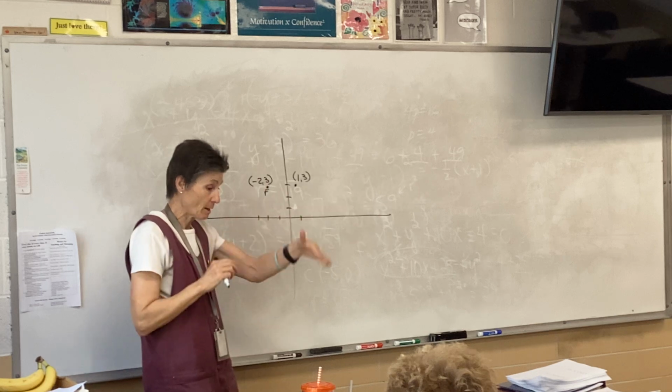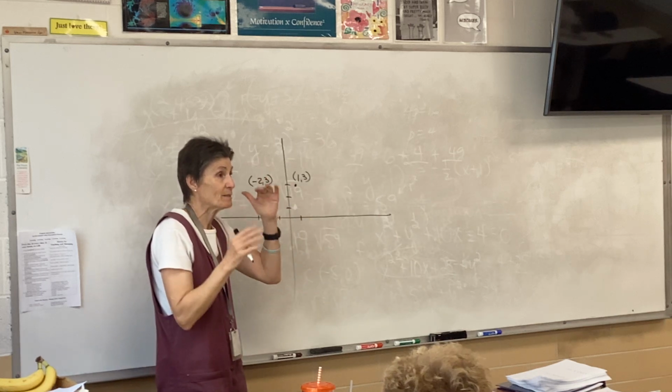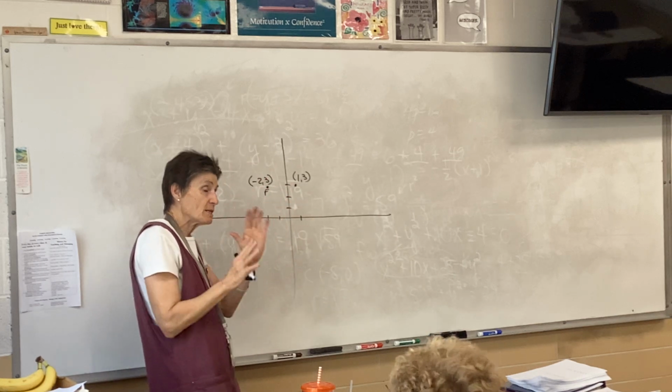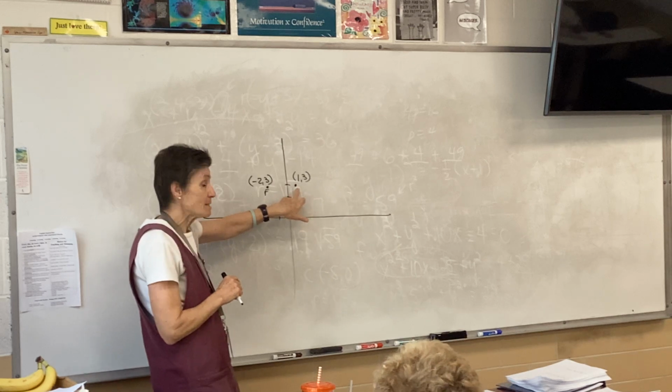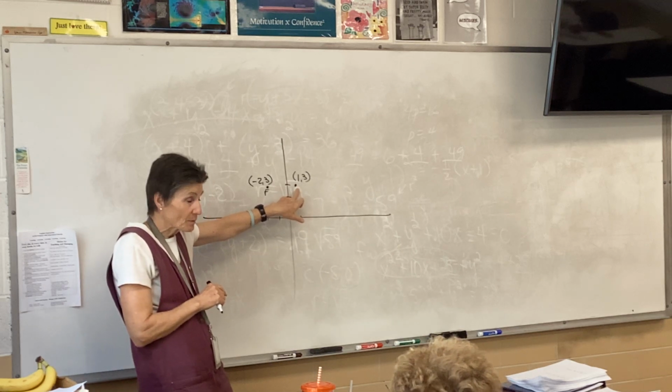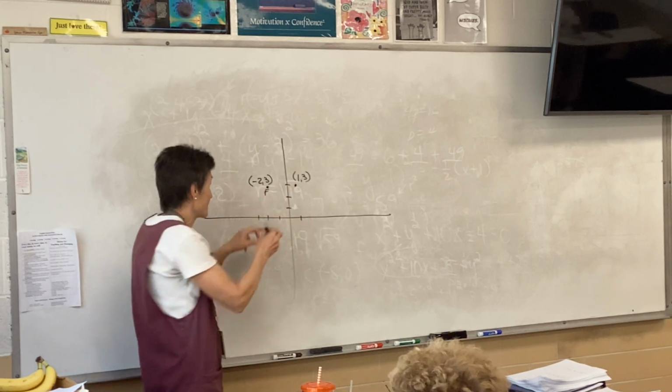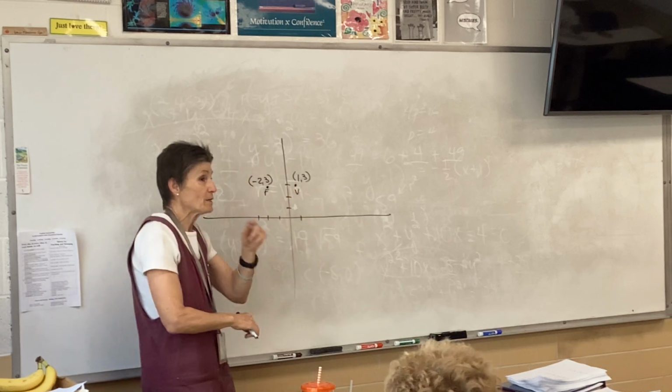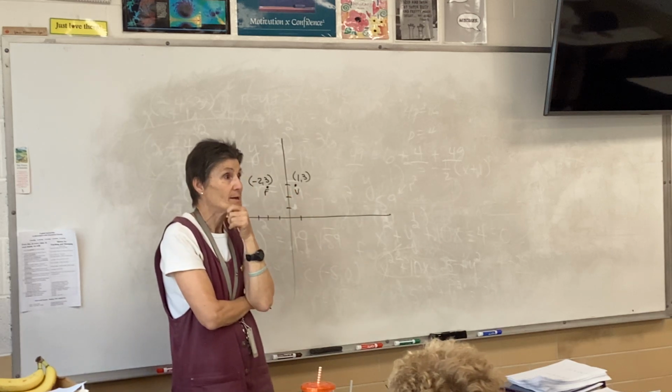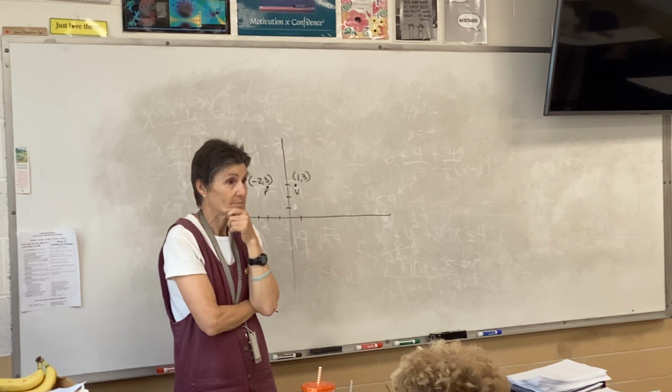Now look at your notes, think about what we talked about yesterday when we drew these pictures. This is my vertex. This is my focus. Which way does this parabola have to open?